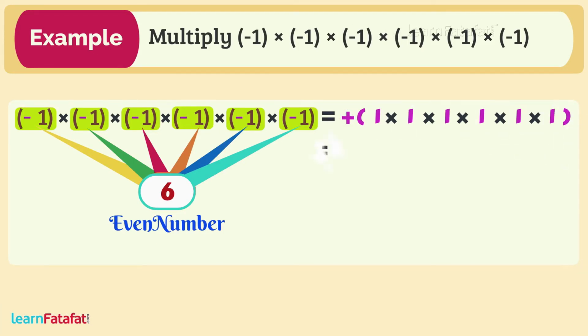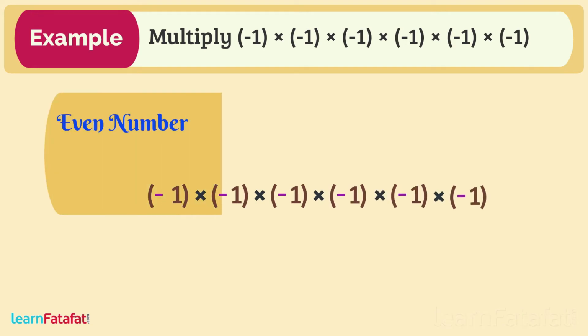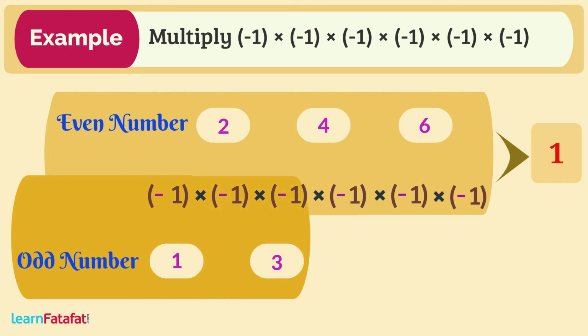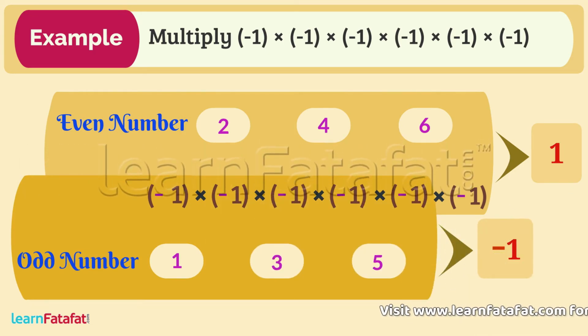Solving this gives result +1. In general, if -1 is repeated even number of times, then the answer of such multiplication is +1. And if it is repeated odd number of times, then the result is always -1.